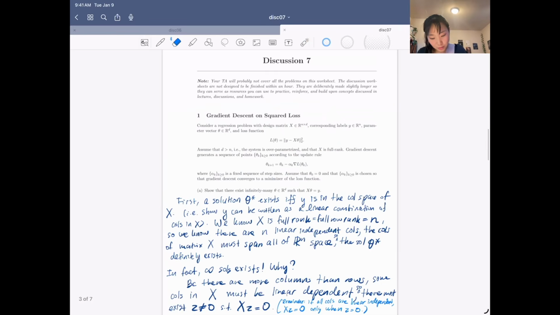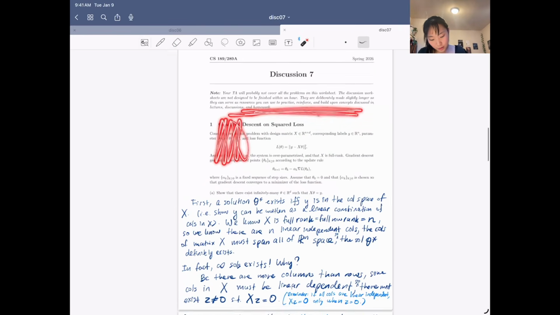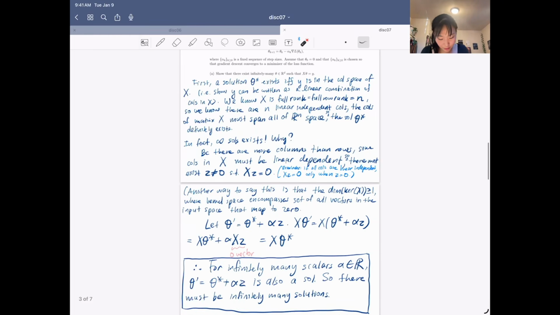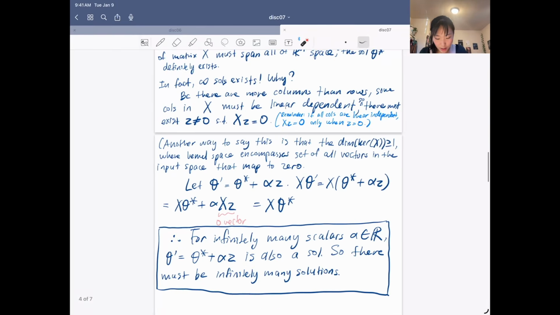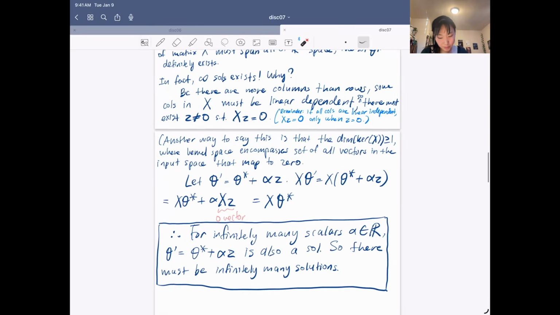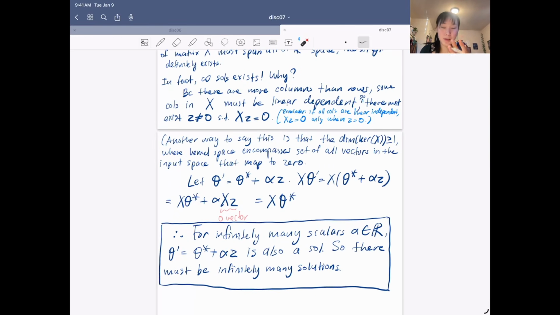So there's a lot more d than n data points, and in this very specific case, we have infinitely many equivalently valid solutions that we can use to parameterize our model.